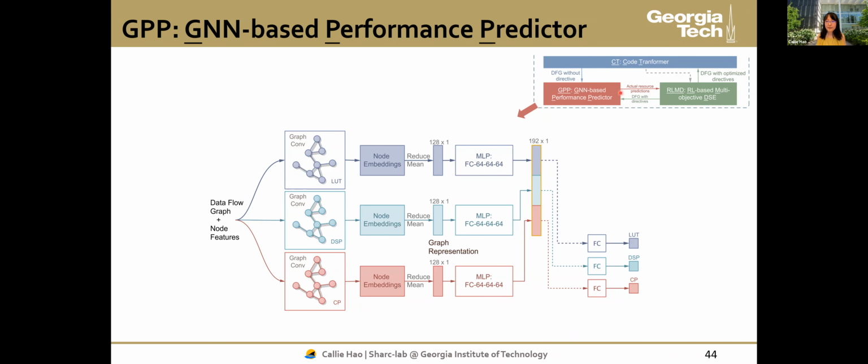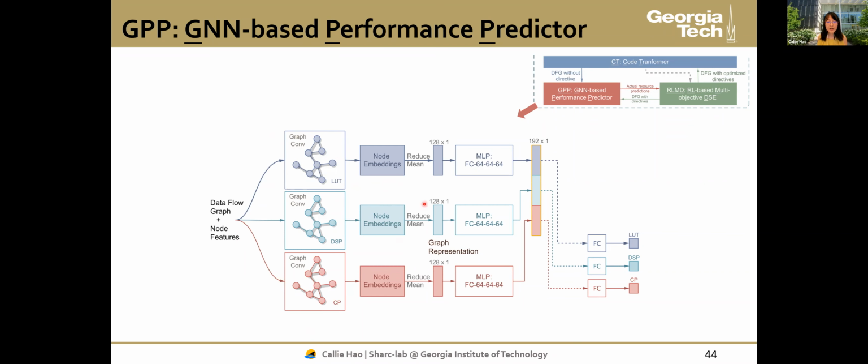So this is the graph neural network-based performance predictor. This is the overall architecture of the graph neural network. The input is a data flow graph and the node features. First, we apply a graph convolutional neural network, and then we get the node embedding.